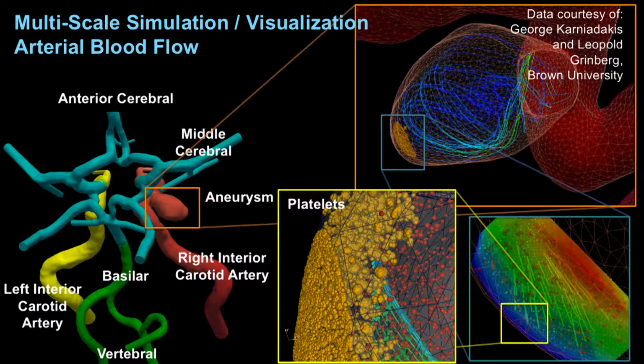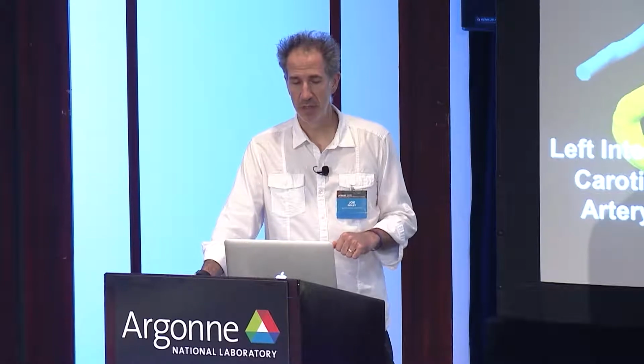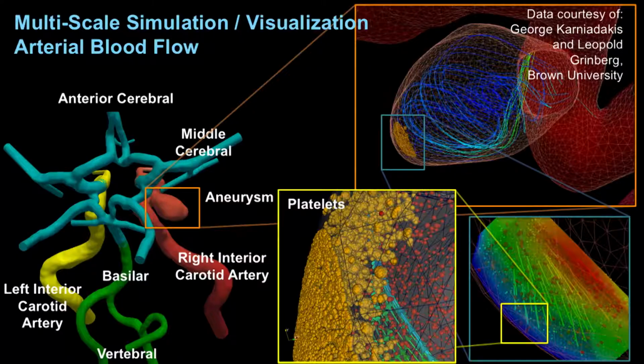To give you an idea of the scale, this was a code that ran a couple of years ago. The fluid dynamics code that does the overall flow in the arteries ran on one rack of the supercomputer, and the particle dynamics code calculating the particles in this small subregion ran on 31 racks.